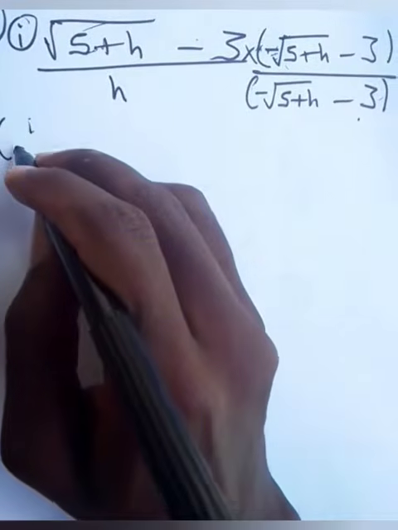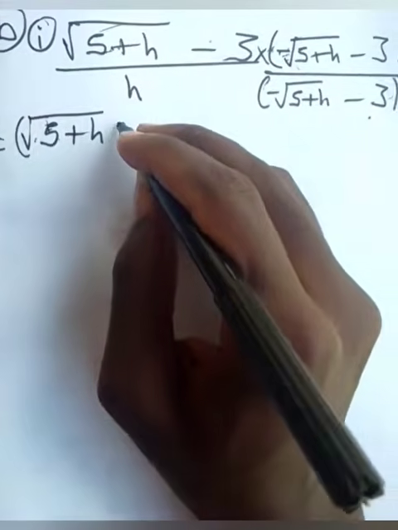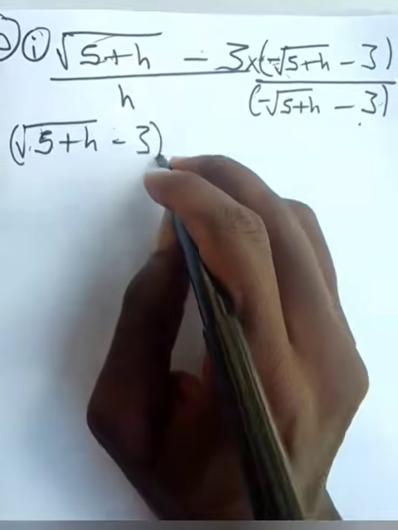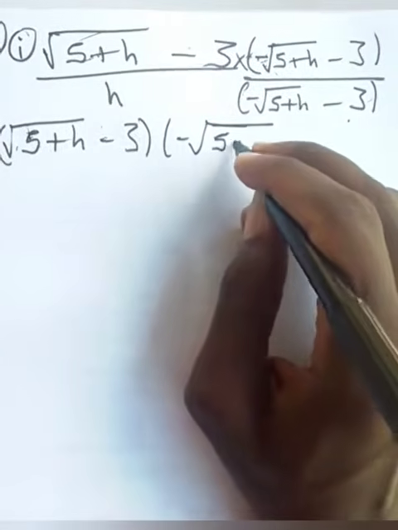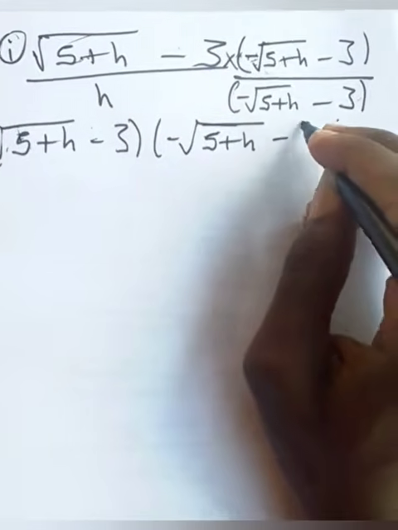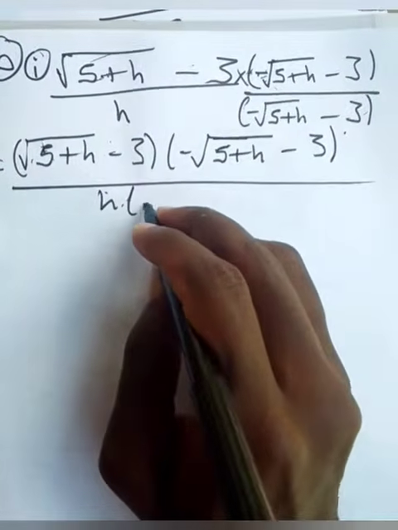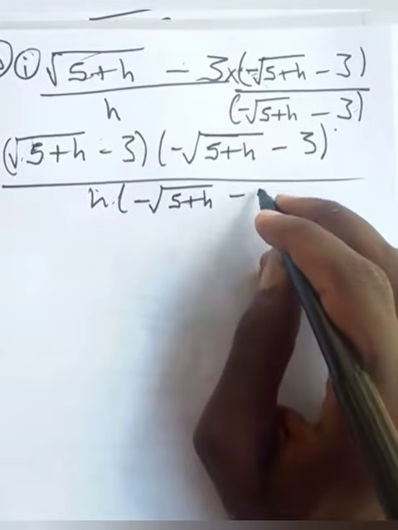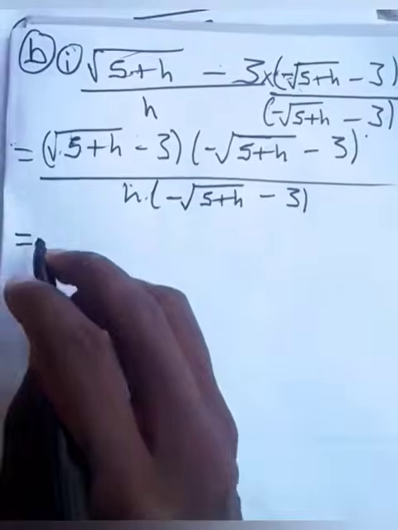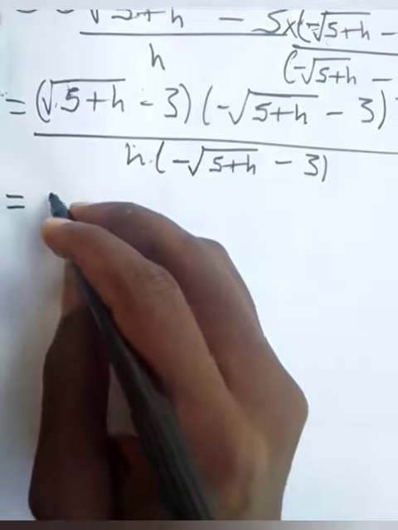Basically we're just multiplying the square root of 5 plus h minus 3 with the negative square root of 5 plus h minus 3, over h times the square root of 5 plus h minus 3. Alright, yeah, so we can now simplify, but I'll start with the numerator and then the denominator.